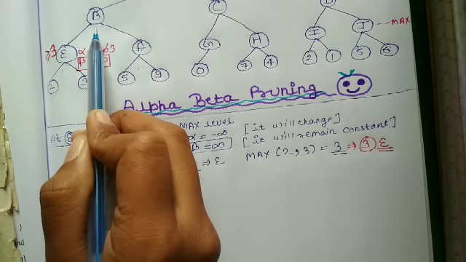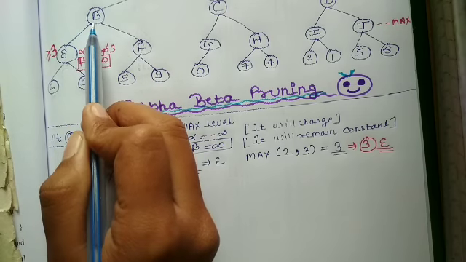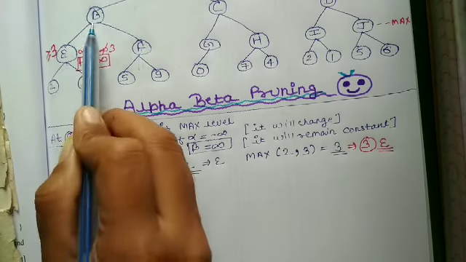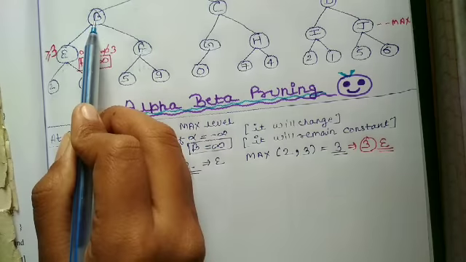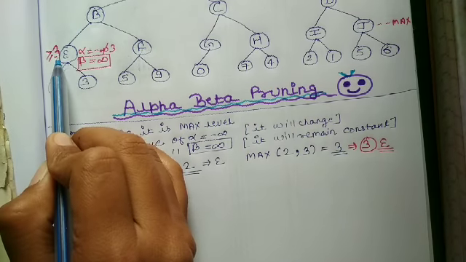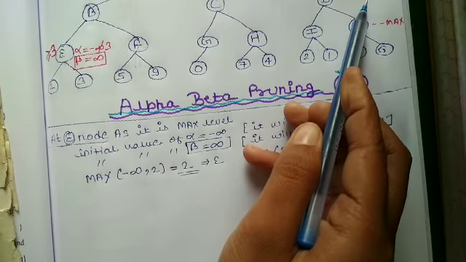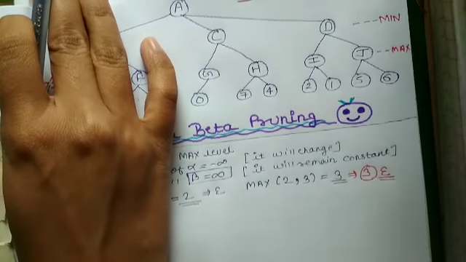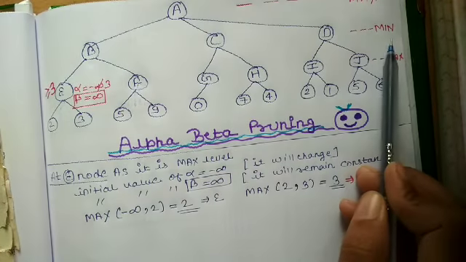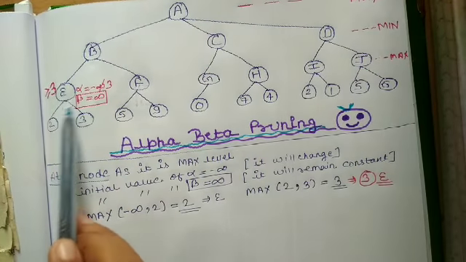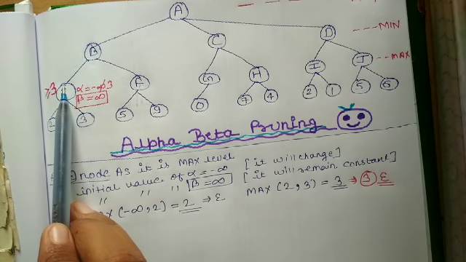Okay, after exploring this node, you will again go to the B node. The B node will find out one child that is explored and another child that is not yet explored. So it will take the minimum value of that. Here we have only one node, so we don't need to compare the minimum.